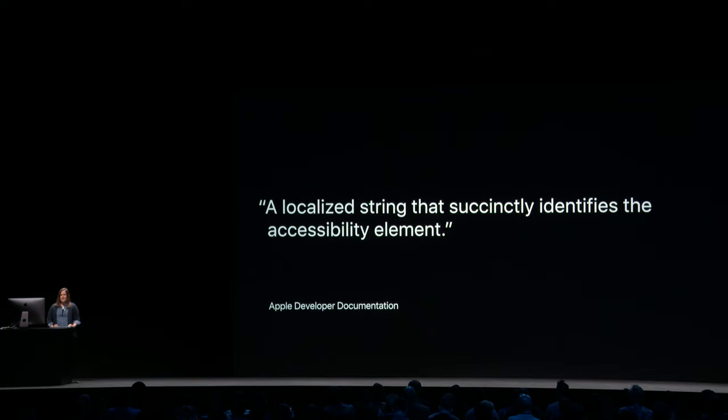But let's unpack that a bit. Identifies the accessibility element. What does that mean exactly? It's a human-readable, human-understandable label that gives context and meaning for the elements in your app. And writing the code is pretty simple too.